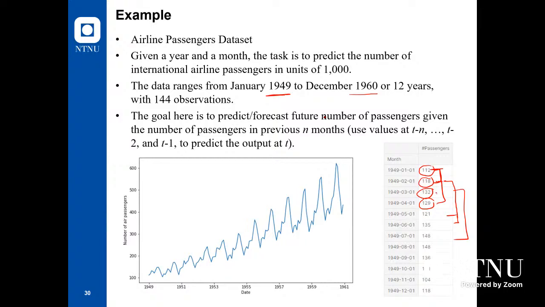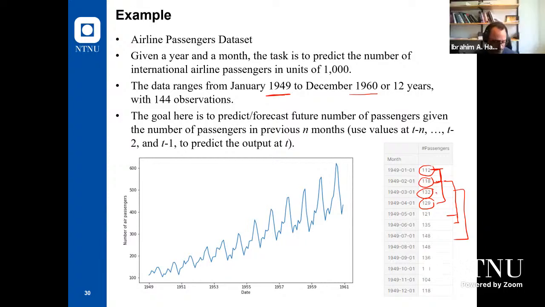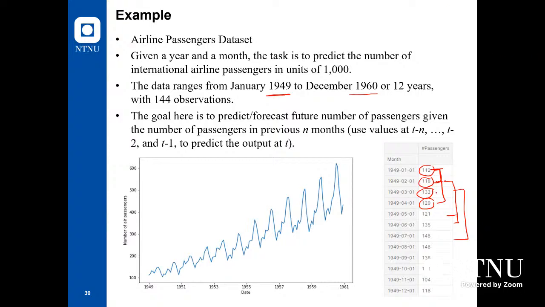And then we move the window a bit more. Then 2, 3, 4, 5 become the input, and the 6th month becomes the output. Similarly, we'll split the whole data into these vectors, input and output. Then you can divide the whole data into how much you want for training, testing, and validation.